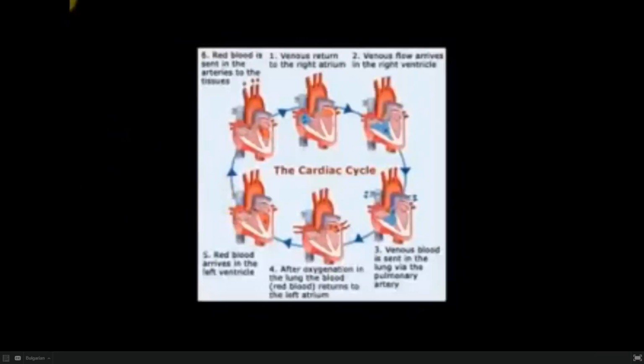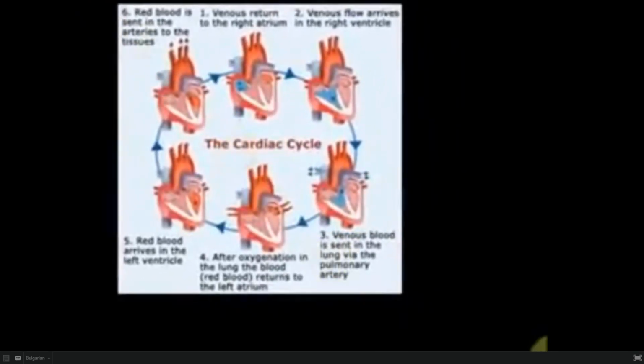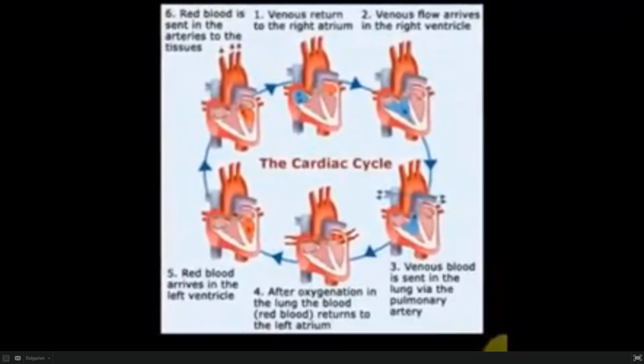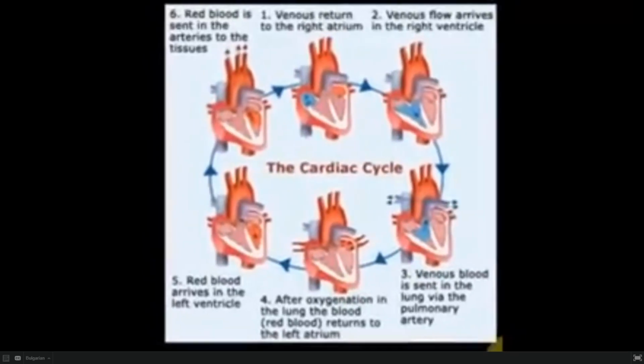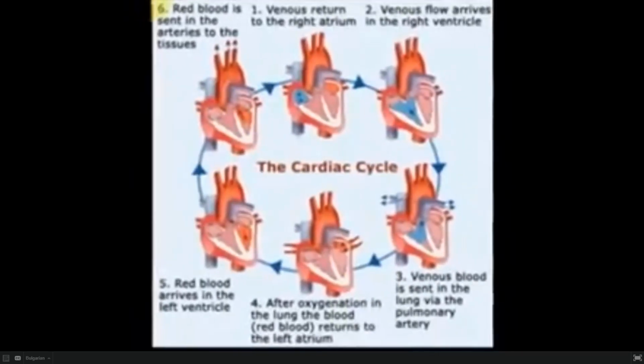20, picture number 20, gives you the cardiac cycle. This is an explanation of how the contraction and relaxation of the muscles produce different states of the cardiac cycle.